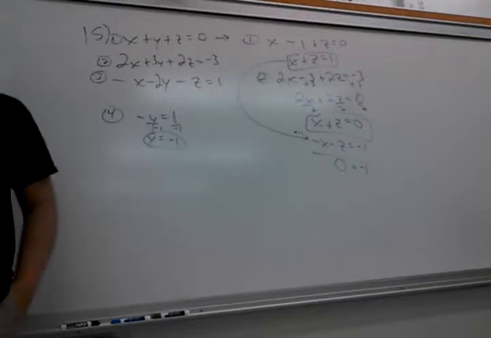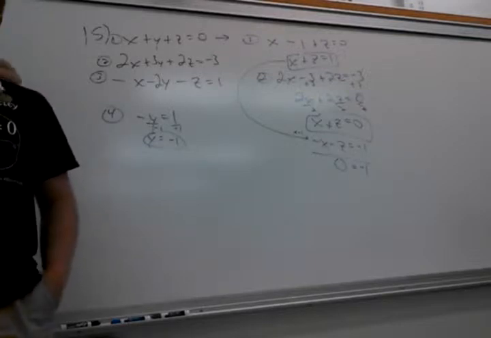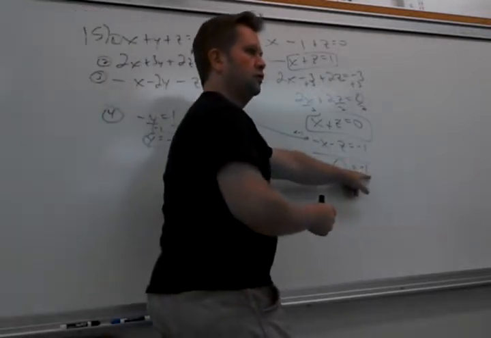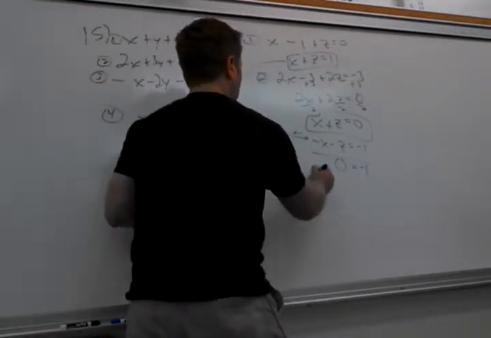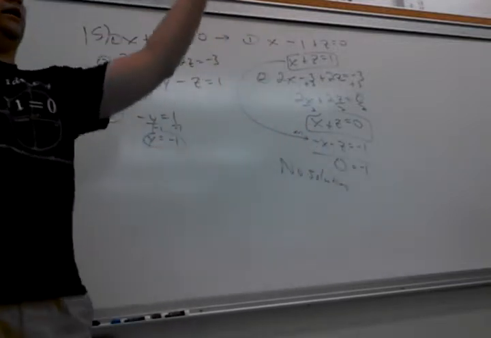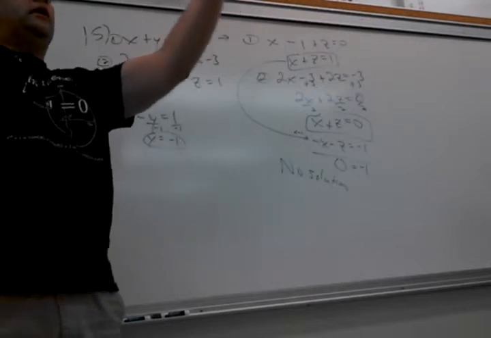Even better. My answer has to be the solution, so it's either going to be a point, or it's going to be the phrase no solution. In this case, that could never be true, so no solution. Visually, these are two planes sitting next to each other with a third plane coming in somehow, so they don't all meet at one point.